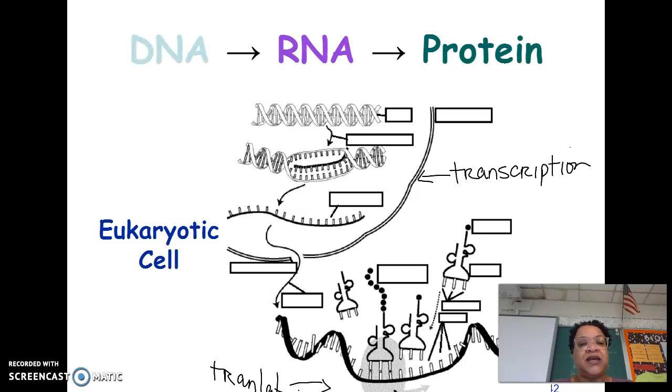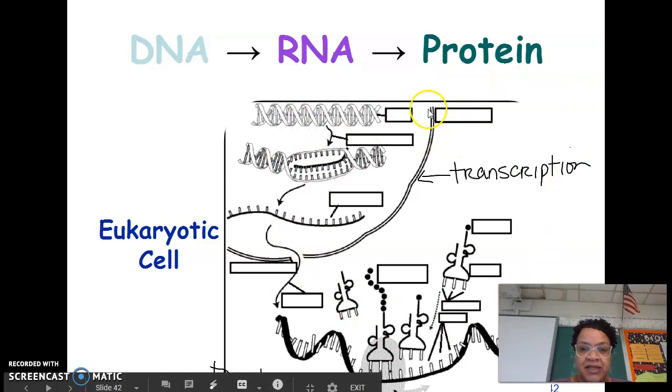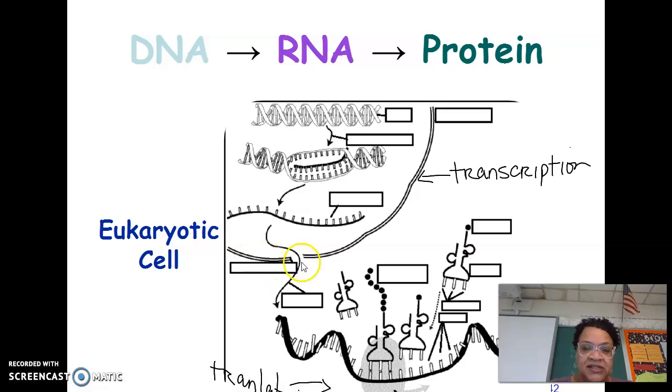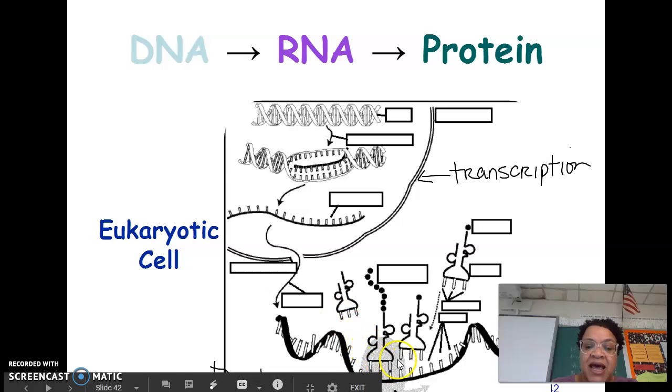Okay, so let's put it all together. So this is a cell, right? In this cell, this is the nucleus right here, these 2 lines. That's the nuclear envelope. Everything that occurs inside the nucleus is called transcription. DNA unwinds, the messenger RNA transcribes the message. Messenger RNA leaves through the nuclear pore. It goes into the cytoplasm where it finds a ribosome.